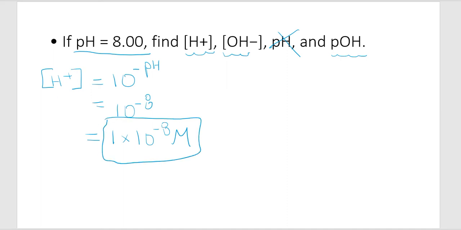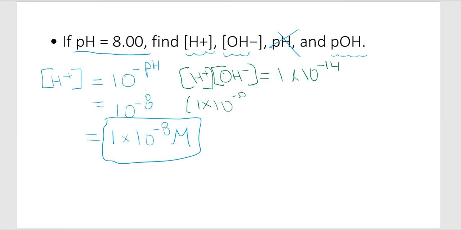Our second part is hydroxide. We're going to find it by multiplying the hydrogen concentration by the hydroxide concentration, and that should be equal to 1 times 10 to the negative 14. So we know that hydrogen is 1 times 10 to the negative 8. We're trying to solve for hydroxide, and we know it should be equal to 1 times 10 to the negative 14.